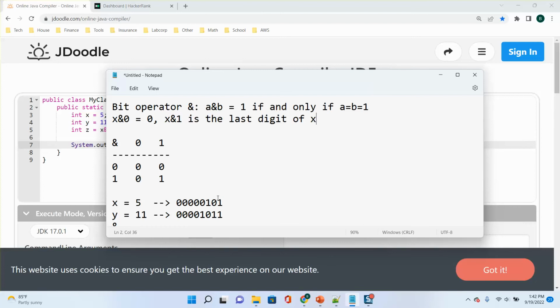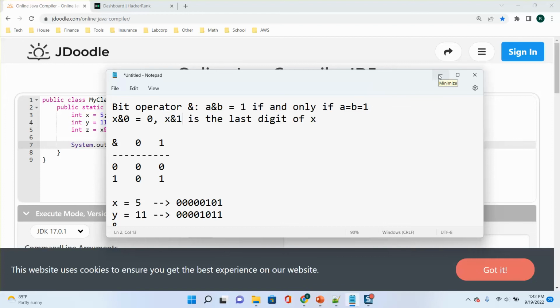If the last one is 0, then the answer is 0. If the last digit is 1, the answer is 1. So x and 1 is the last digit of x. And it can also identify whether this is even or odd. Because if the last digit is 1, then this number is odd. If the last digit is 0, then the number is even. So we can use this condition to identify even or odd.